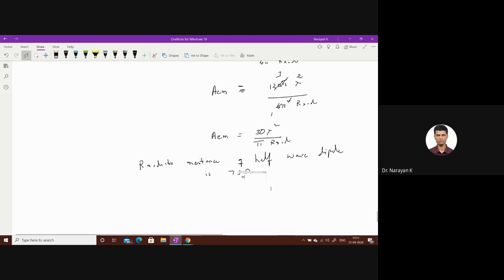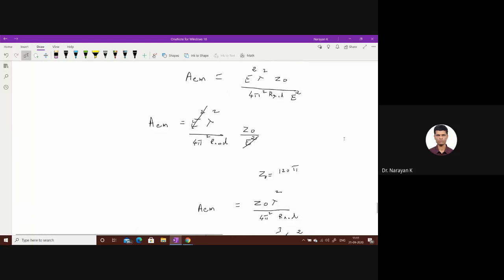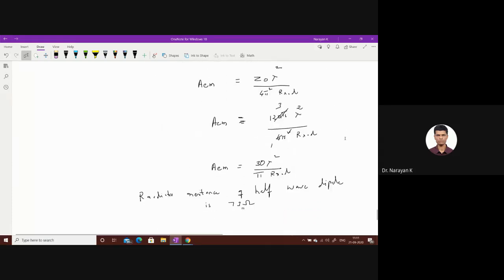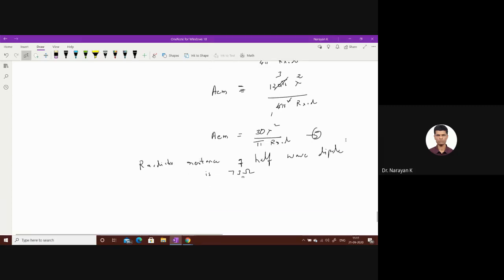This you have to remember. Radiation resistance of half wave dipole is 73 ohms. I have to call this equation 5. So substitute radiation resistance is equal to 73 ohms there.